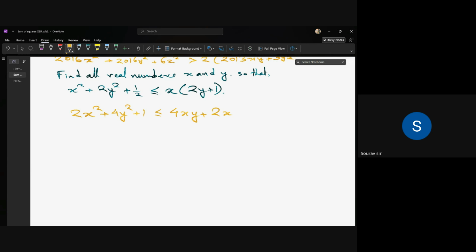So now we can write this as 2x square plus 4y square plus 1, minus 4xy and 2x, and again I am subtracting this from this side also.